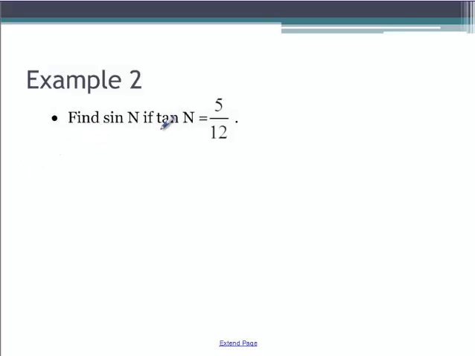Find the sine of n if the tangent of n is 5/12. Before I do this, I want to look at a way to write sine, cosine, and tangent. Sine, I'll use S, C for cosine, T for tangent. Sine is opposite over hypotenuse. Cosine is adjacent over hypotenuse.